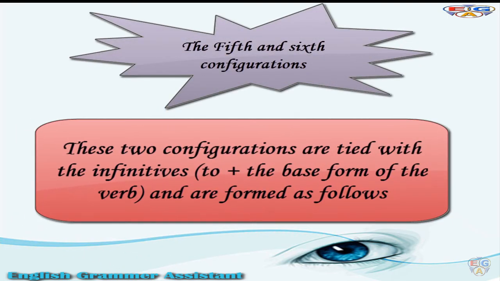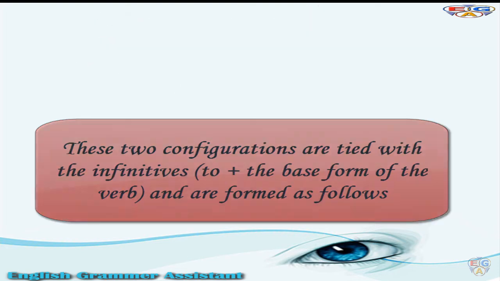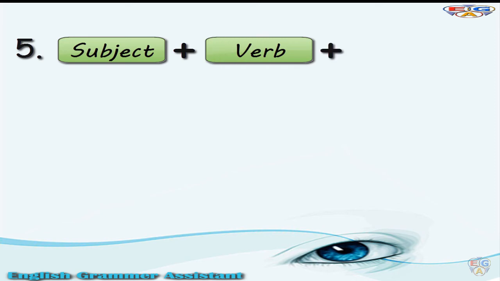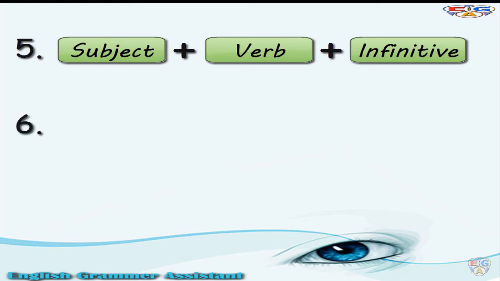The fifth and sixth configurations. These two configurations are tied with the infinitives and are formed as follows. The fifth configuration: the subject, plus the verb, plus the infinitive.